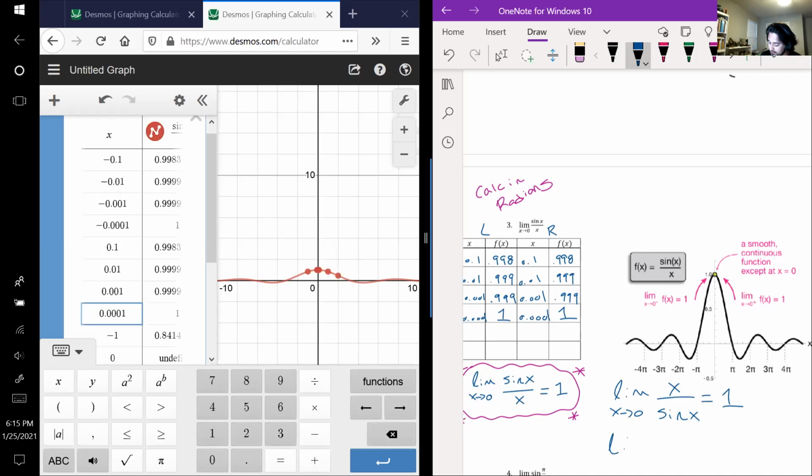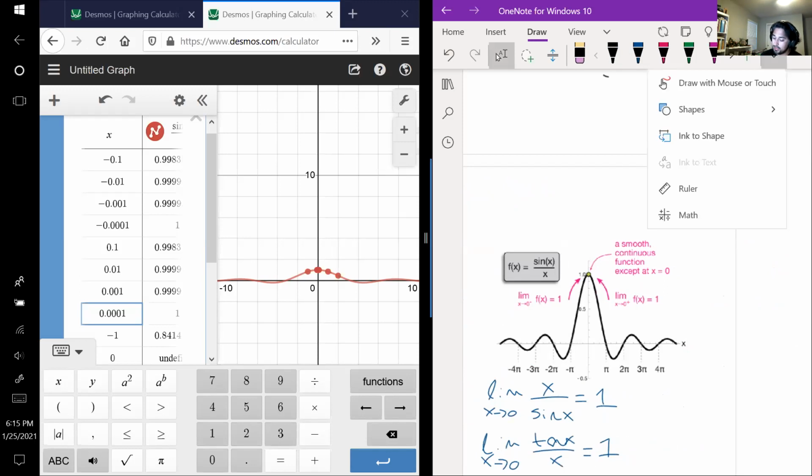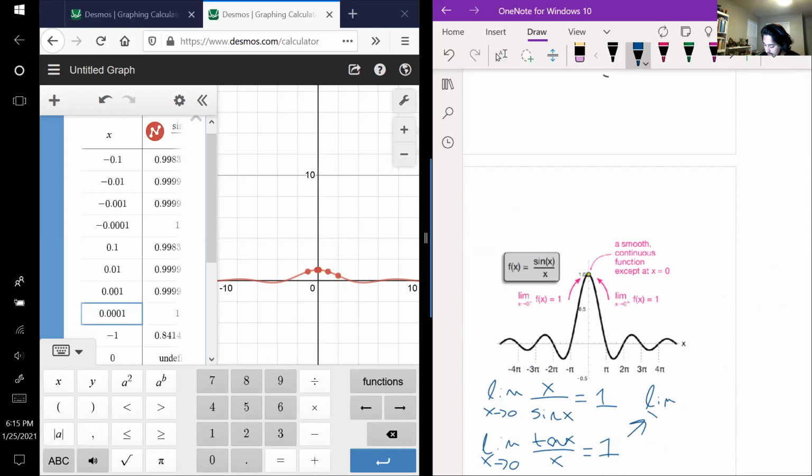And the limit as x approaches 0 of tangent x over x is also 1. So these are good to know as well. And then the same could be said for tangent: the limit as x approaches 0 of x over tangent x is also 1.